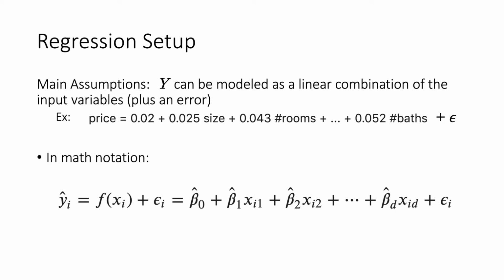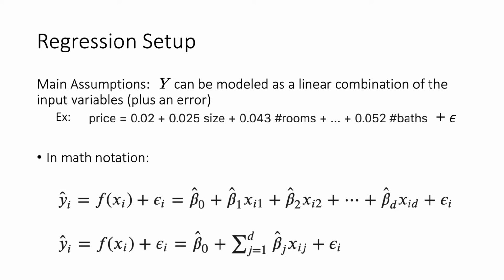So in math notation, it could be something like this. The prediction or our estimation of the value of y is a function of the input variables plus an error. That is one specific error for this prediction in particular. So in this case, the linear combination has the bias term with the coefficients applied over the different values of x, finally plus the error.